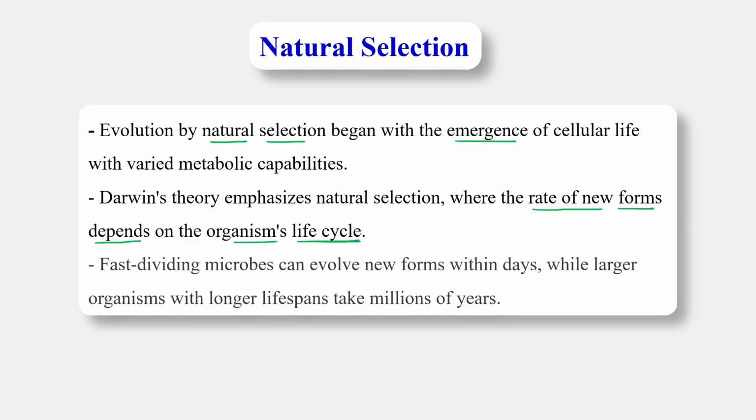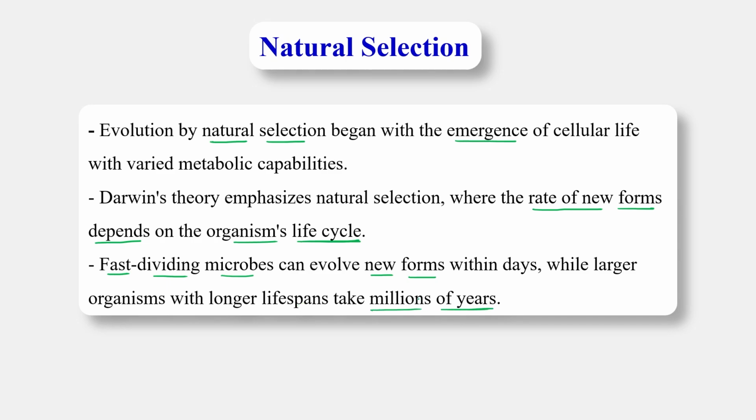All the fast growing microbes evolve very fast and develop new life forms within days, within one day in fact, while larger organisms with longer lifespans take millions of years.